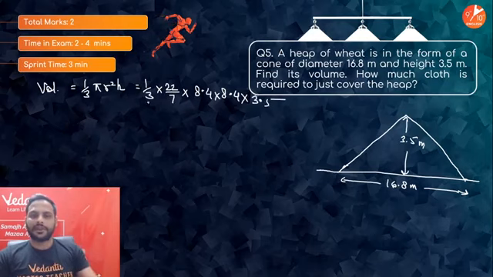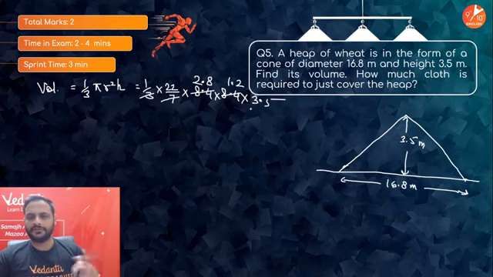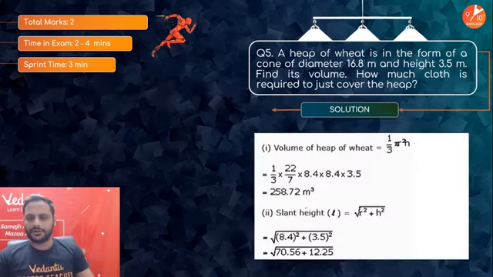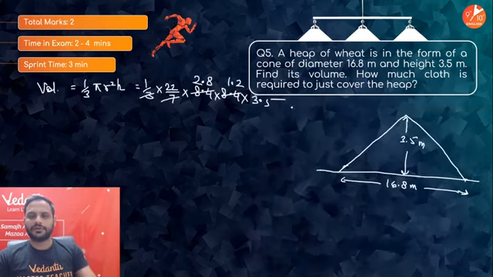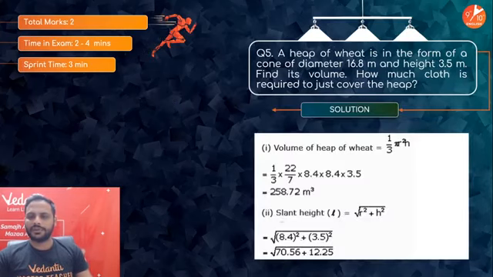All right, so you can do the cancellation. 3 and 8.4 will get cancelled, then 7 will also get cancelled. 12 sevens are 84, so 1.2 times this will be 2.8 times, and then 22 into 2.8 into 1.2 into 3.5 will give you your answer. So you can calculate it. Your volume will be around 258.72 meter cube. Okay, calculation you can do on your own.